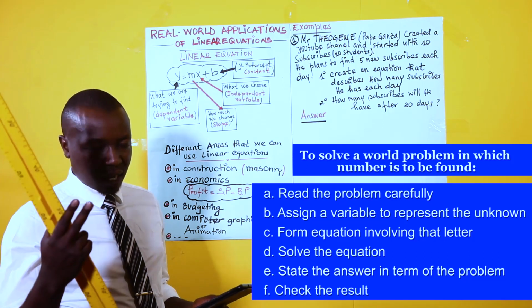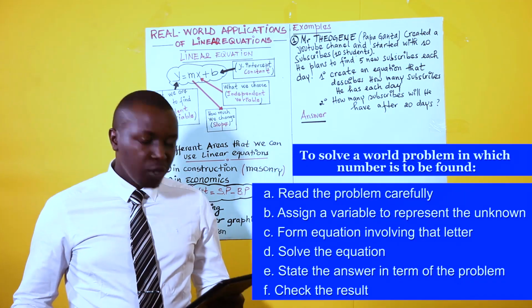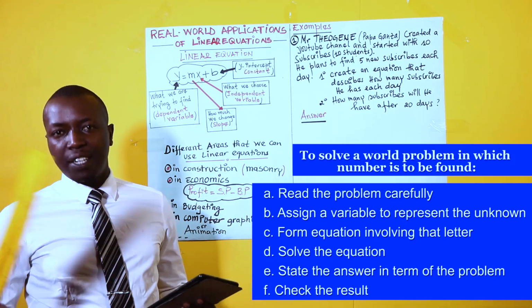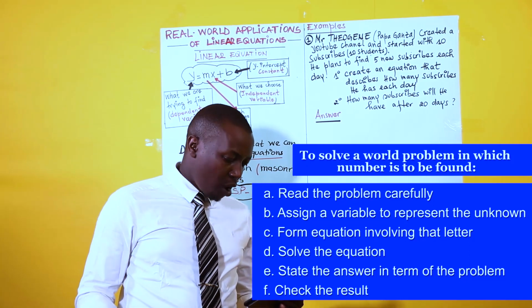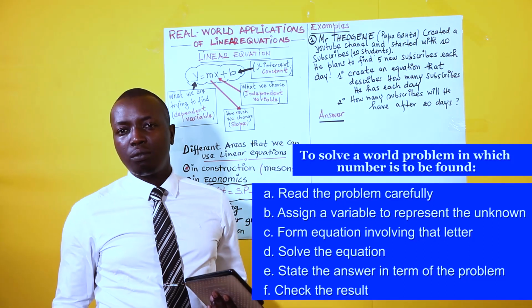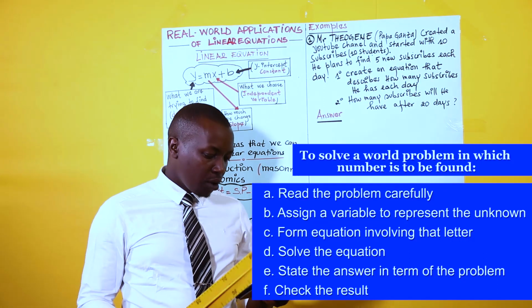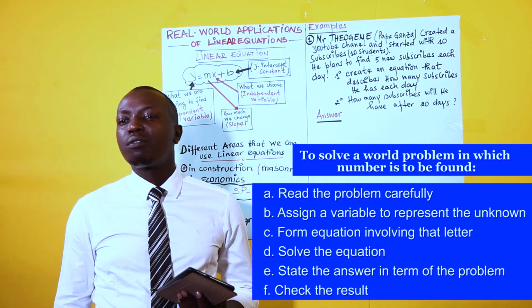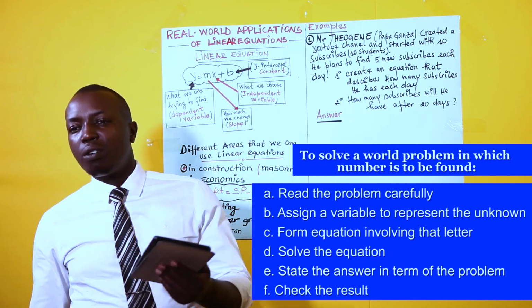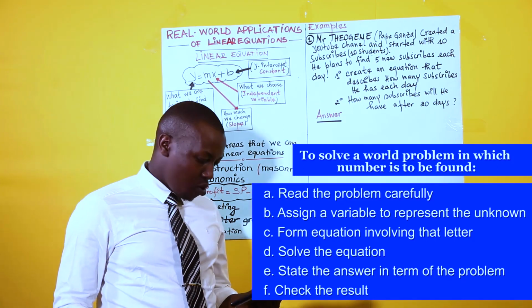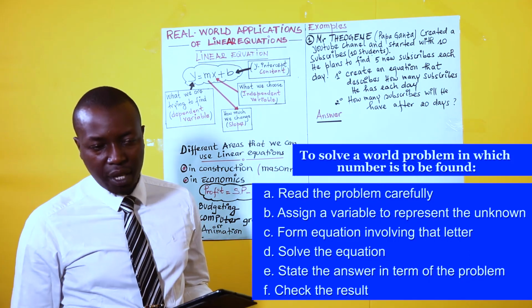Third, you have to form the equation by using that variable. Fourth, you have to solve the equation. Then you have to state the answer in terms of the problem, saying what was asked, in words. Finally, you have to check the result.